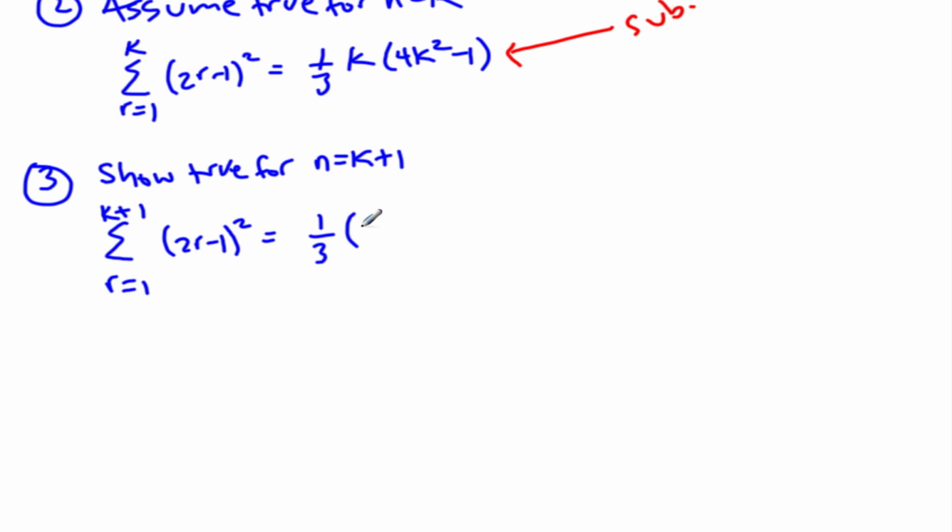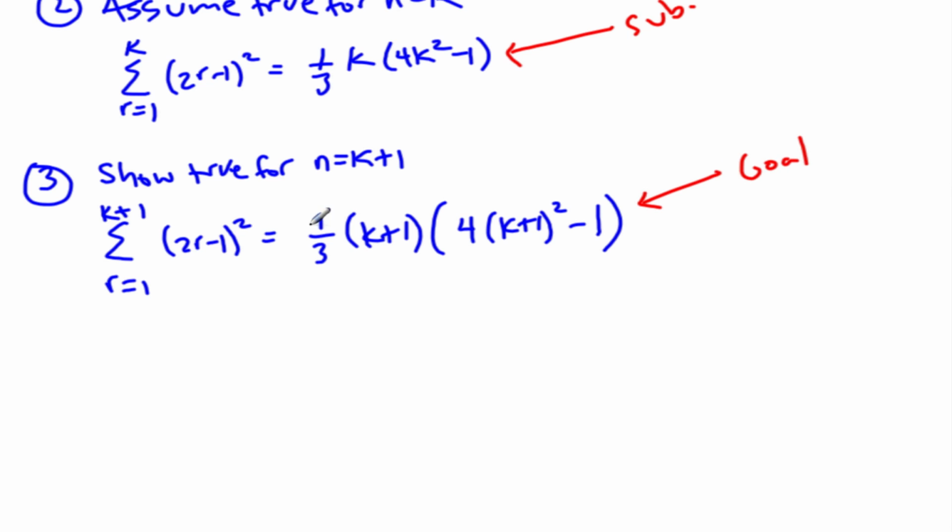That should be k plus 1 times 4 k plus 1 squared minus 1. And this, I always like to put next to it, is our goal. And we do not know this to be true. I think it's helpful just to put, this is our goal. We're going to show this is true. We're saying right now it's equal, so I don't want to tell anybody grading my work that I'm actually saying this is equal. It's not equal. That's my goal, to show that it's equal.